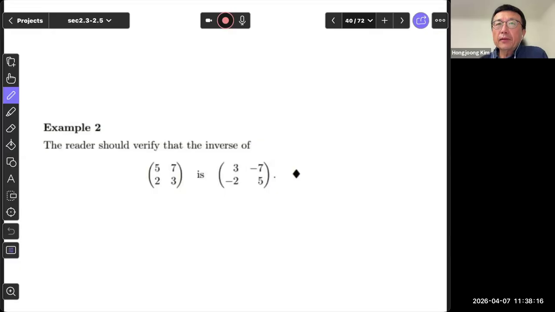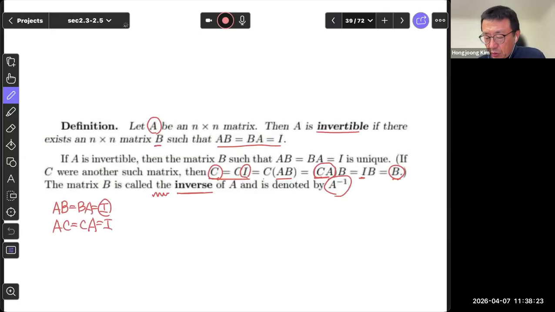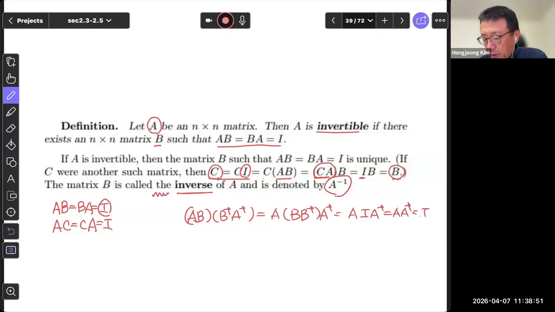And you can verify that one matrix is the inverse of the other. Similarly to the previous case, if A and B are both invertible, and if they are both n by n matrices, then A times B times B inverse A inverse will be A times B B inverse times A inverse, which is A times identity times A inverse, which is A times A inverse, which is the identity matrix.